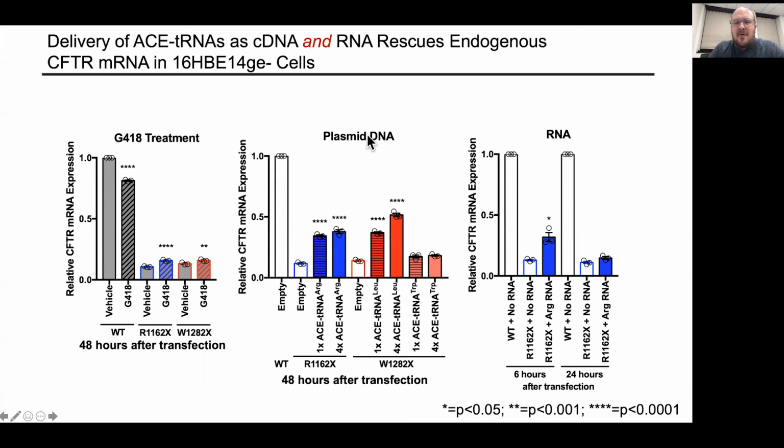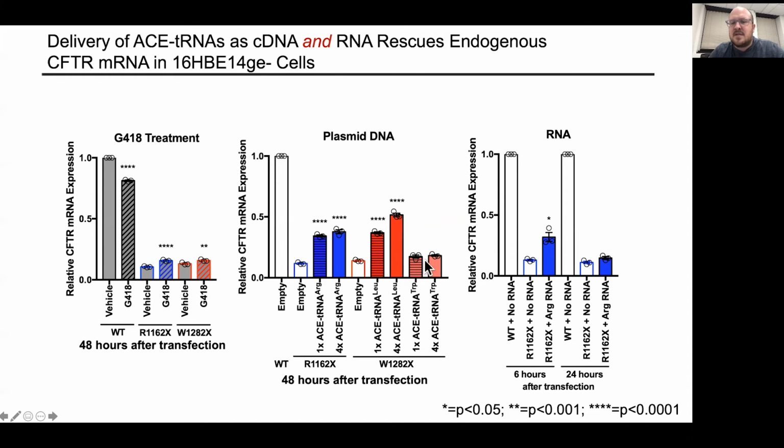When we go to our plasmids, you can see that after 48 hours, with 1 in 4 copies encoded in our plasmid, that you get a robust rescue of the CFTR mRNA expression that is near 40–45%. And then when we transfect in our leucine ACE tRNAs into W1282X cells, that we get even a larger rescue, exceeding that of 50%.